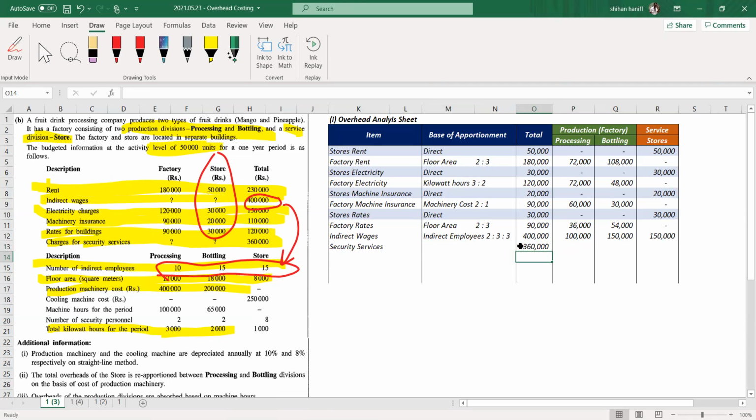Tell me how much is for processing, how much is for bottling, and how much goes to the stores. What is the basis? Security service, we can take the number of security persons.